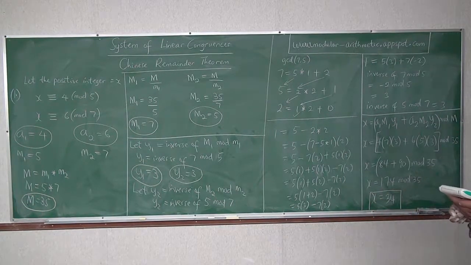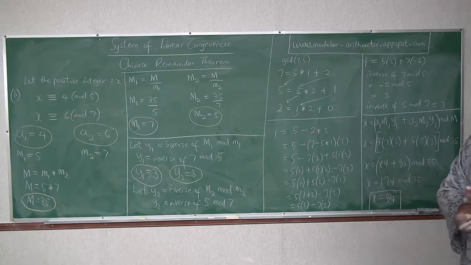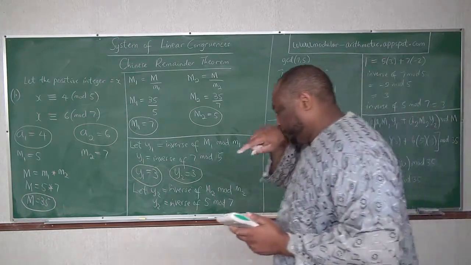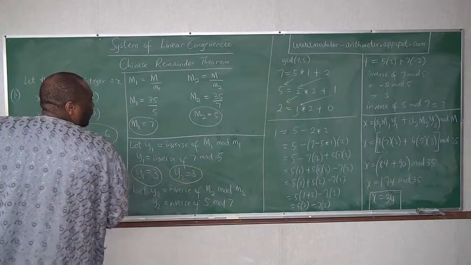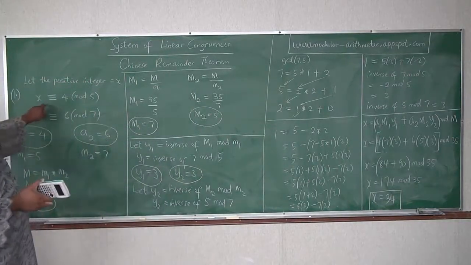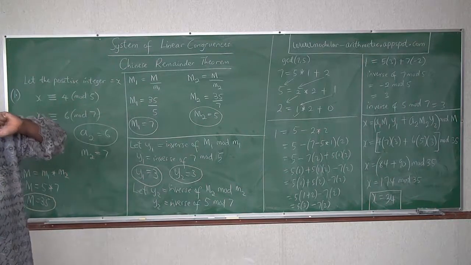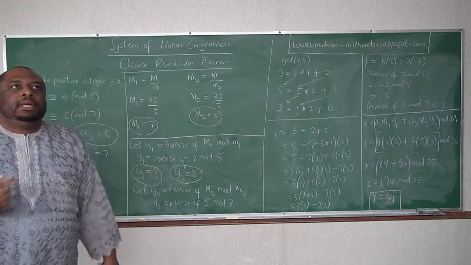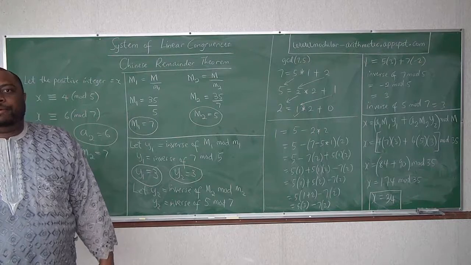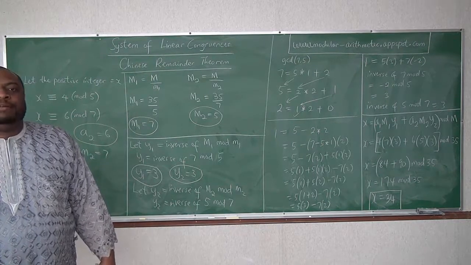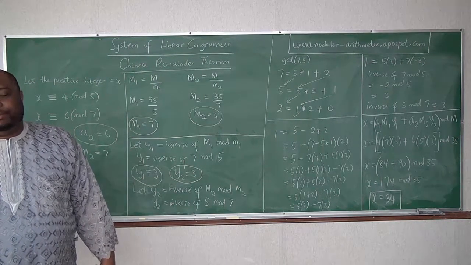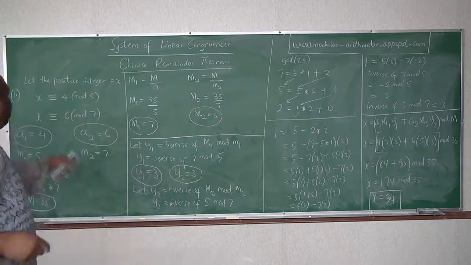Okay, let us check it. 34 divided by 5 will give us 6 remainder 4, because 6 times 5 is 30 and remainder 4. So it works here.